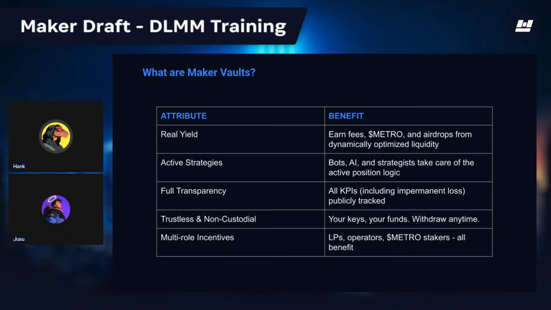It's completely on chain, not like some other solutions where at the end a protocol is holding your seed or wallet. And the incentives around it are win-win-win, benefiting everybody involved: the operator, the liquidity provider, but also all Metro holders. And we're going to get into that a bit more.